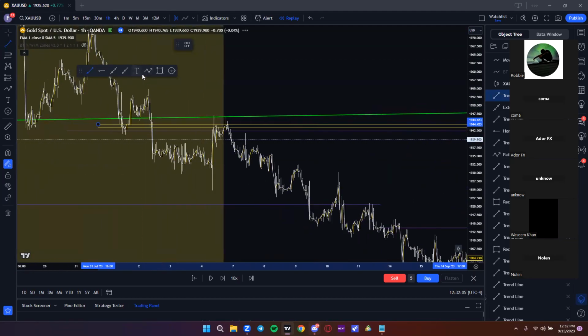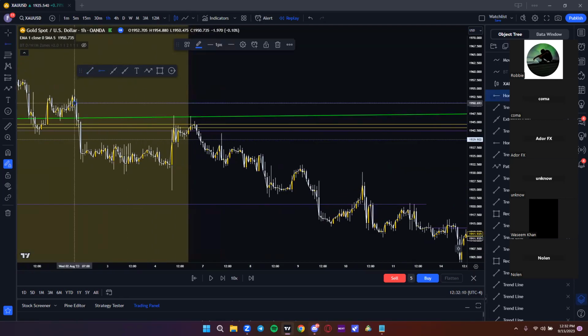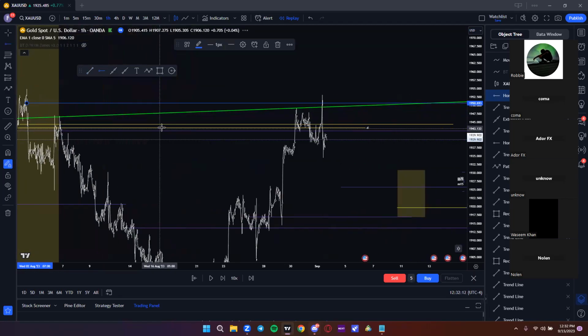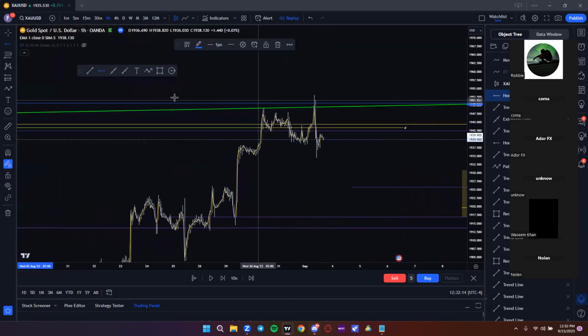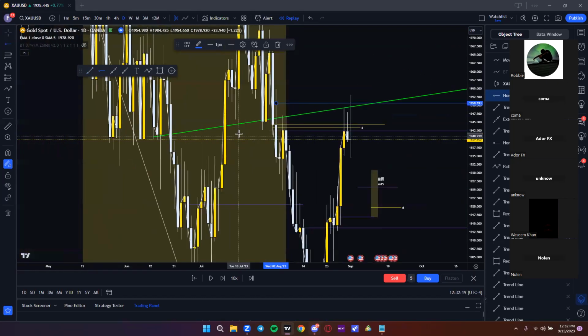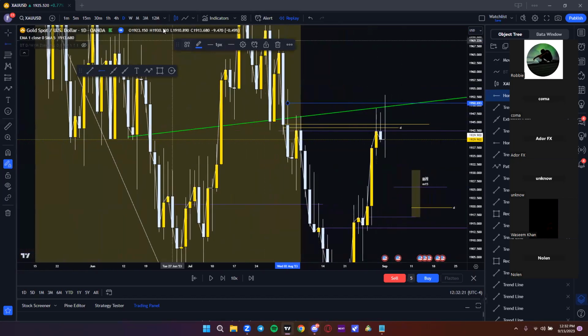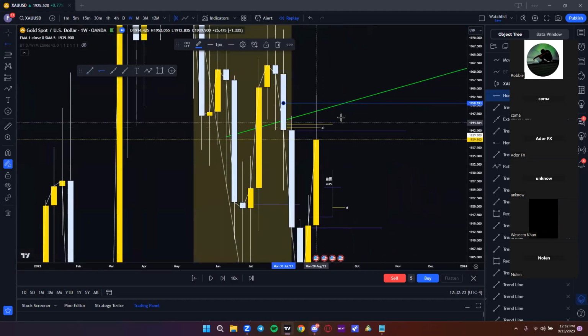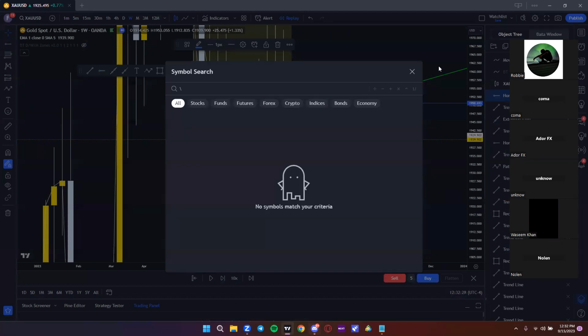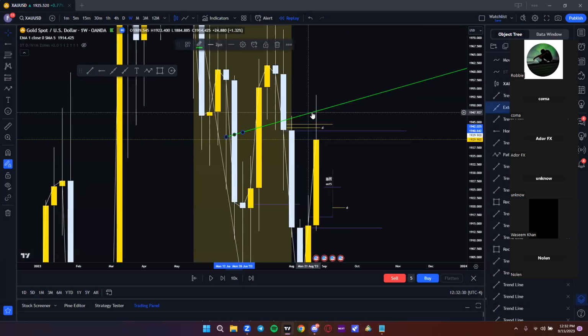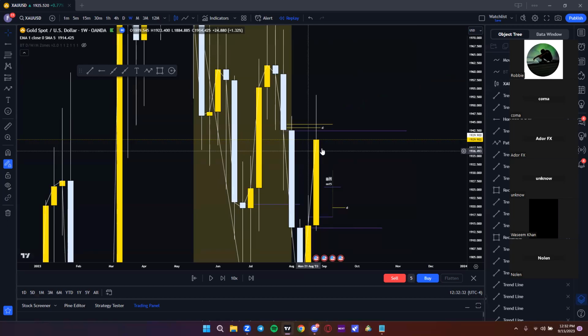Anyways, on weekly we confirmed that this level was indeed something we need to take into consideration. So if the daily closed like this, remember, we are already bearish multi-time frame.